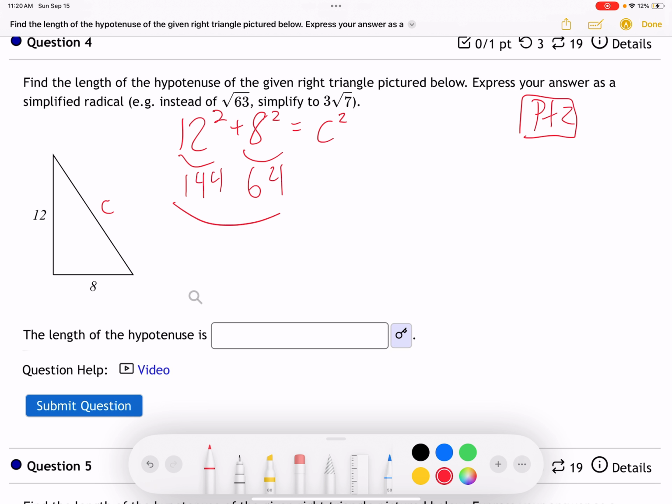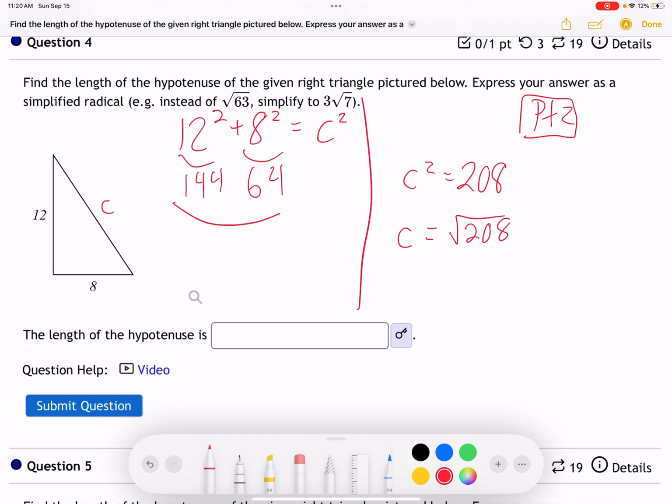Let's see if I can do this in my head. I believe that's 208. Let's make sure. 144 plus 64 is 208. That's correct. All right, so c squared equals 208, which means c is the square root of 208.